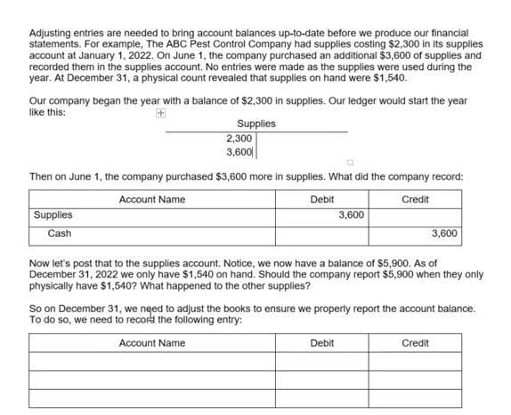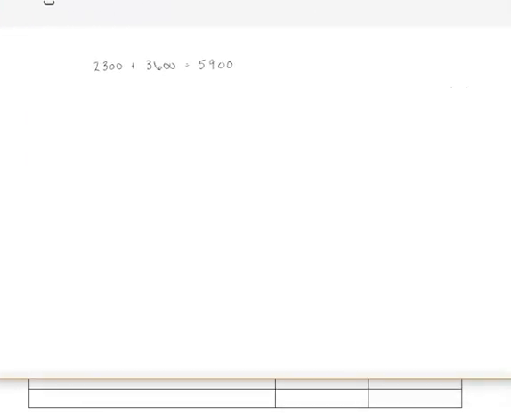So on December 31st, we need an adjusting entry to book the use of the supplies. That way we can properly report. So again, let's look at this. We started with $5,900 and it said on hand we had $1,540, so let's subtract out the $1,540.